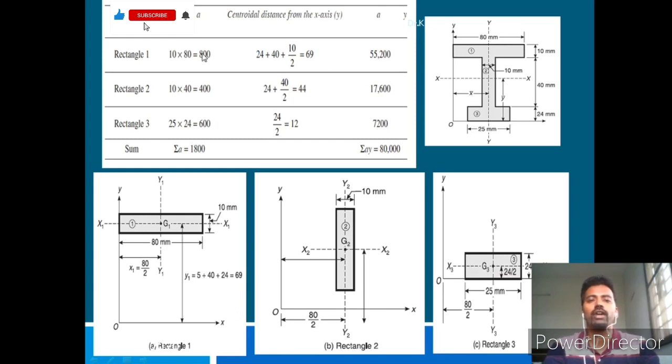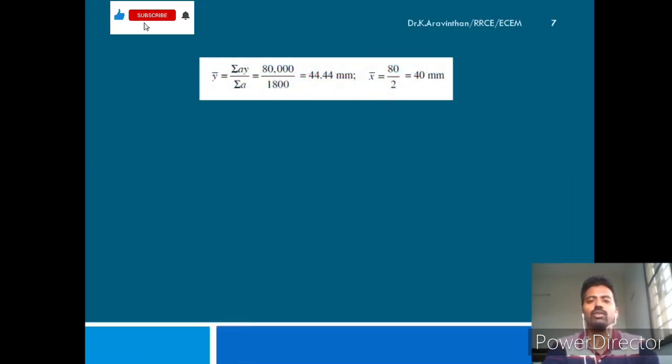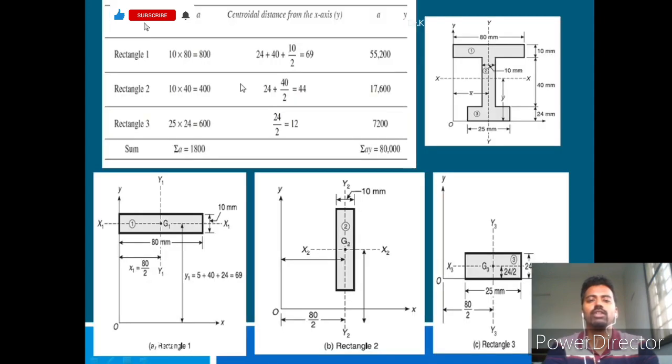So 40 into 800 plus 40 into 400 plus 600 into 40 will give you ax. After multiplying, you get x bar as summation of ay divided by summation of a, that is 80,000 divided by 1800.